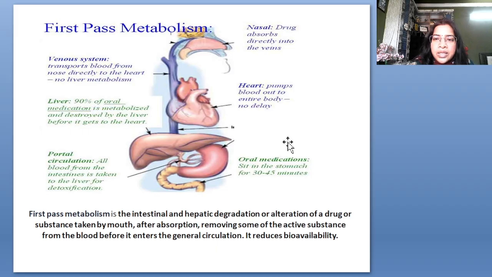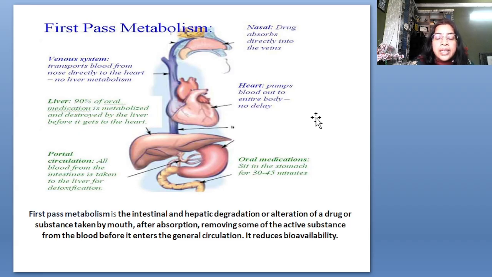Oral administration sits in the stomach for 30 to 45 minutes. So through this diagram, we can understand that portal circulation delays, and other routes like venous, nasal, and others have less delay in sending the drug directly for distribution into the systemic circulation. So that's it for this time.